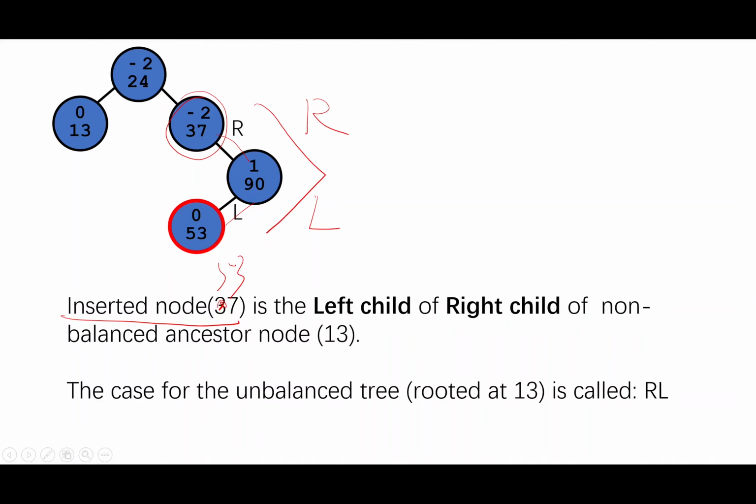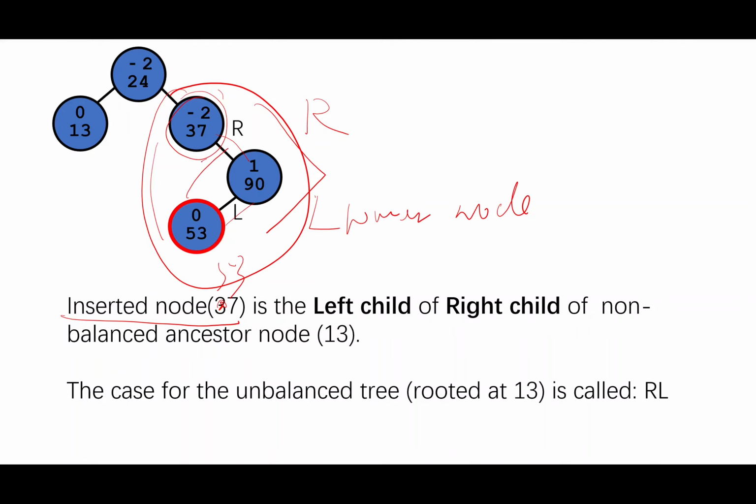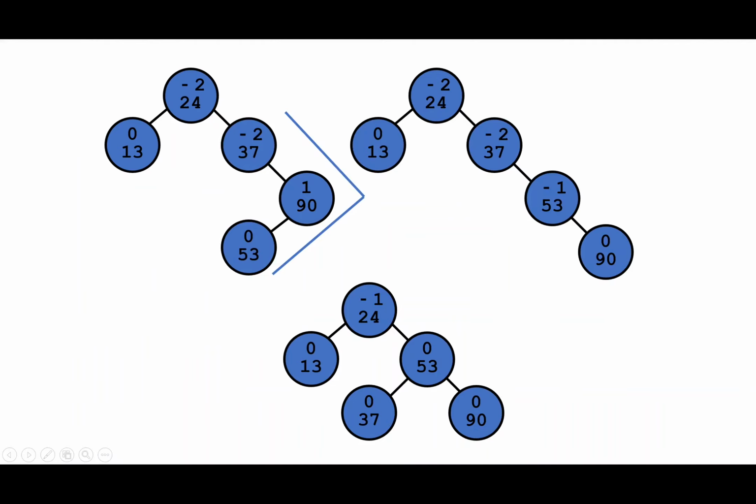For this type of unbalanced tree, we also need to adjust it to a balanced tree, but we need 2 rotations. First, we rotate the lower node to between this node and this node.